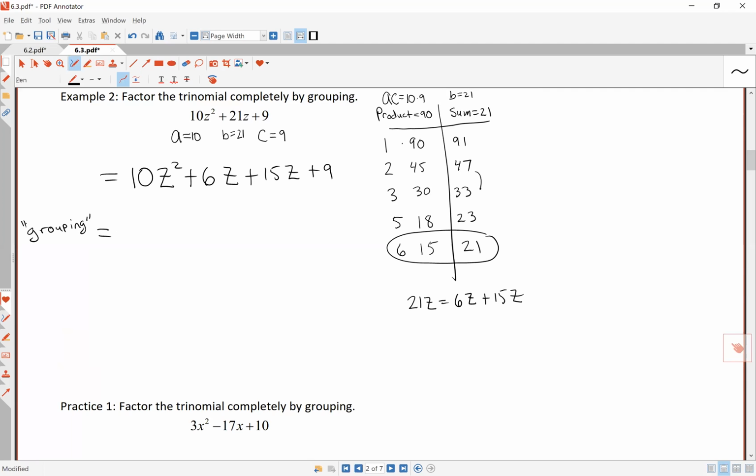Our first pair of terms, 10z squared plus 6z, has a GCF of 2z. Figuring out what's left over, we divide both terms by 2z, giving us 5z plus 3. My second pair, 15z plus 9, has a GCF of 3, so we factor out a plus 3.